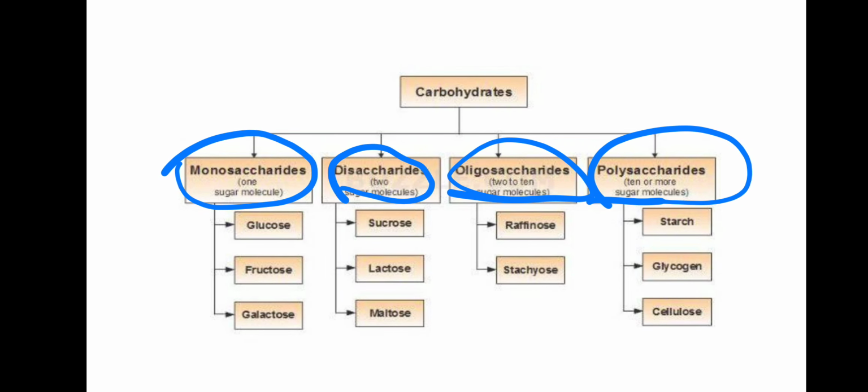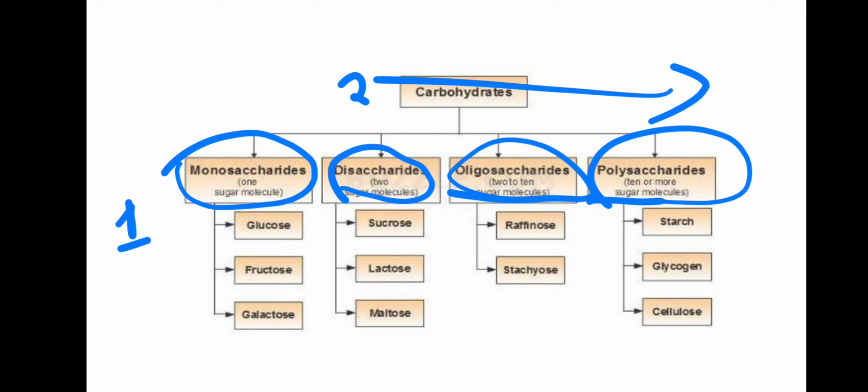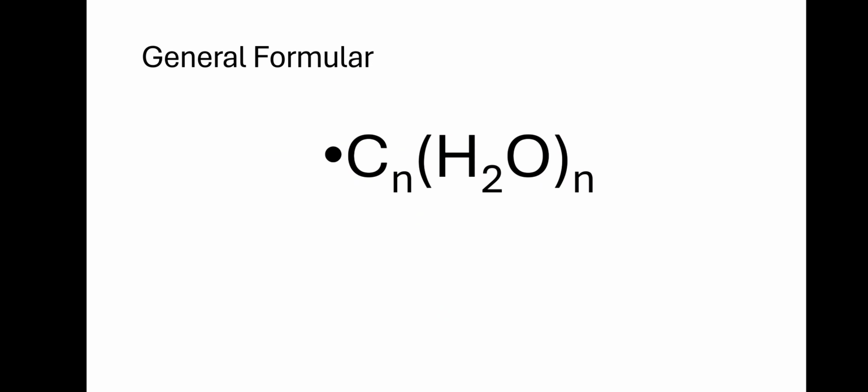So monosaccharide means there's just one sugar unit, but these others are 2 and beyond. So these 2 and beyond are going to be joined together via a glycosidic linkage. With your monosaccharide, this formula that you're seeing here only applies to monosaccharides.